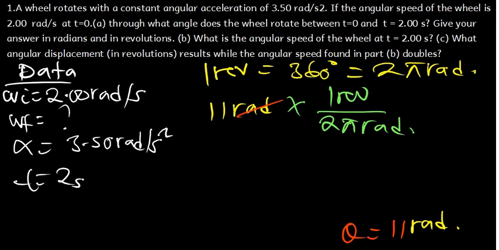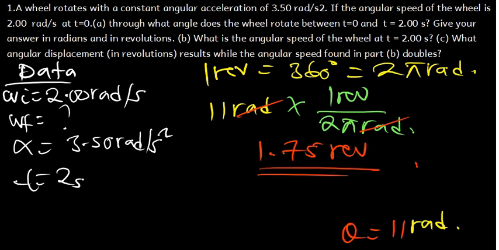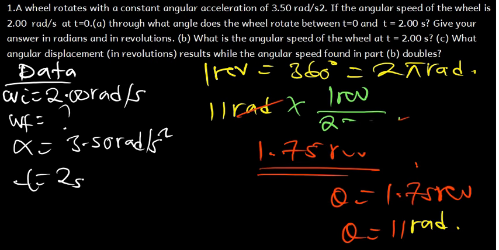I'm going to have 11 divided by 2 pi, which is going to be 1.75 revolution. So we have found the theta to be 1.75 revolution, and in rad is 11. So that is it for question A.